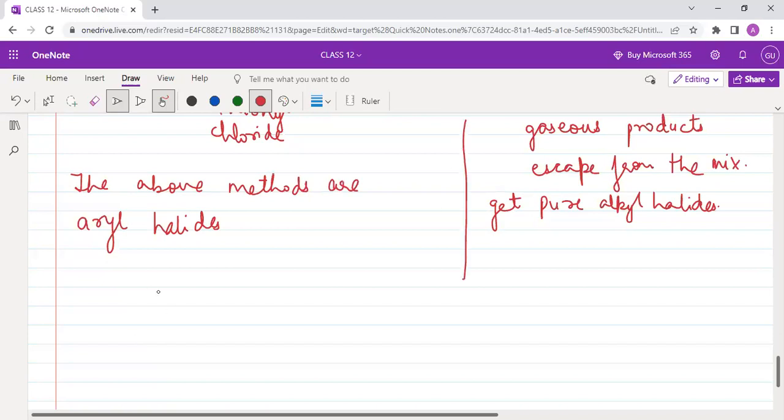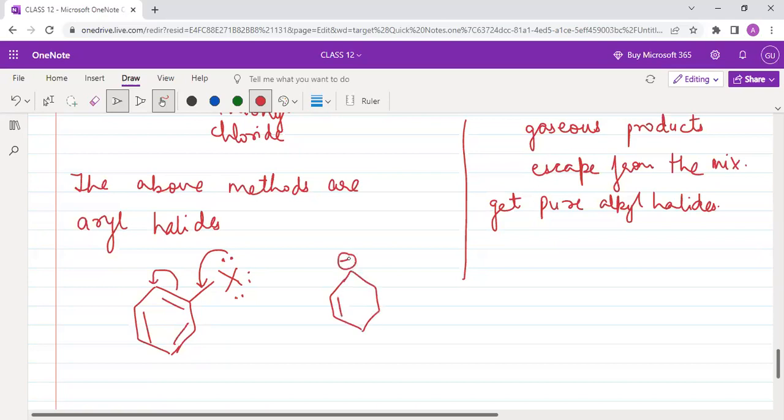No. See, in aryl halides, you can see the halogen atom is directly bonded to the benzene ring, right? And you know that halogens have lone pair of electrons, and these electrons can shift here. That means resonance is involved, right? When you draw the resonating structure, we can draw like this. This will gain negative charge, and here it will be positive charge.